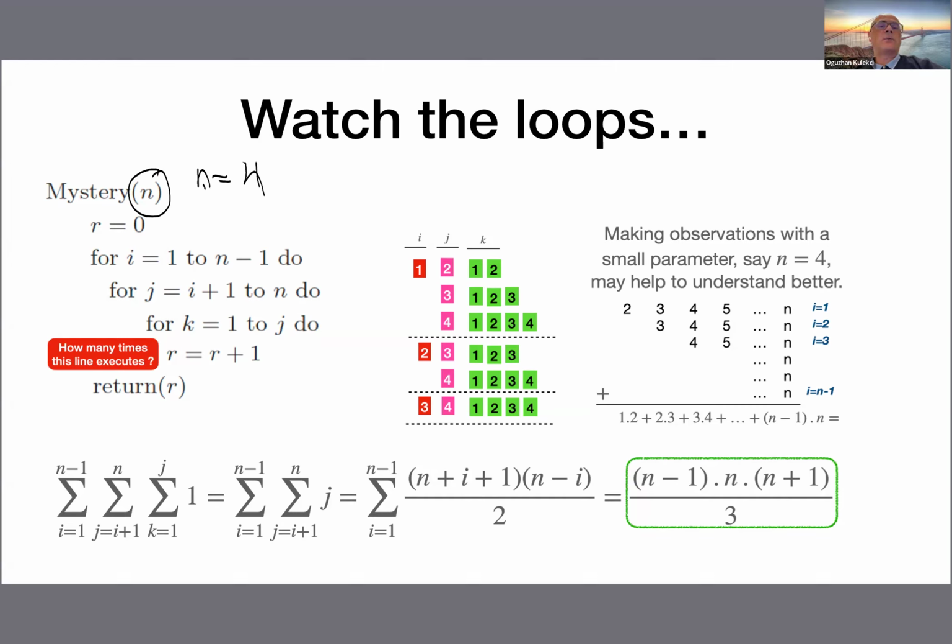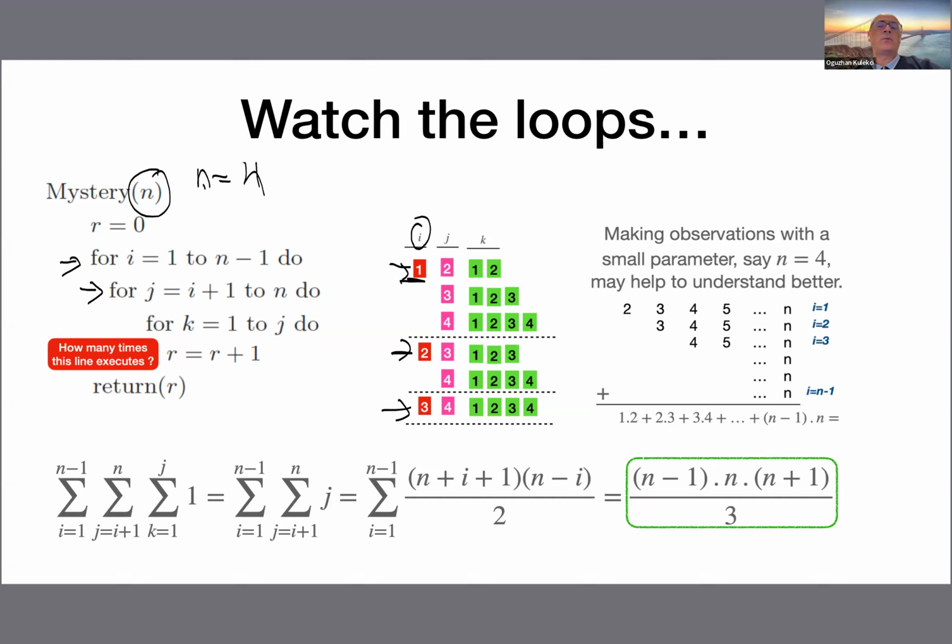If n is equal to 4, then what will happen? I have an i variable, and this variable will take values 1, 2, and 3. Good. And for each one, j will take the values from i plus 1 to n.